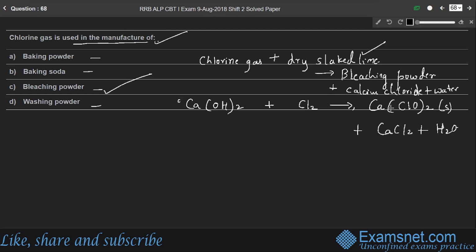If you balance the equation: 2 Ca(OH)2 plus 2 Cl2 gives Ca(ClO)2, a solid, plus CaCl2 plus 2 H2O, a liquid. Therefore, bleaching powder is called calcium hypochlorite. It's a solid. So option C: chlorine gas is used in the manufacture of bleaching powder.